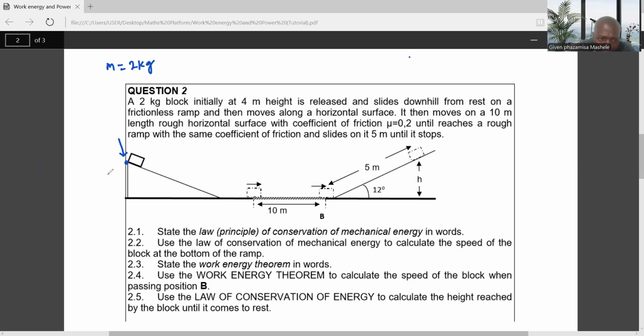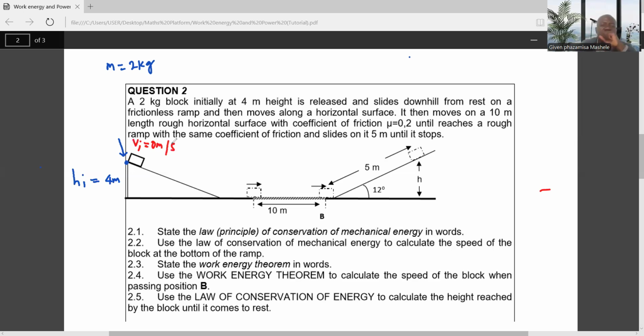It means from here to here, it is 4 meters. So we can regard this as the initial height because the object is being released from this point. It is released from rest, which means we also know the initial velocity of this block. So the initial velocity is 0.